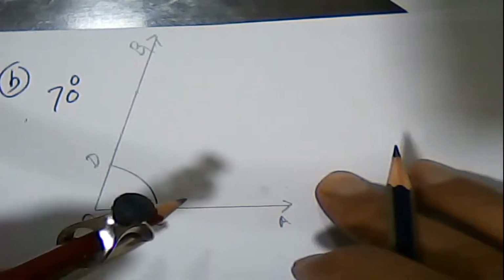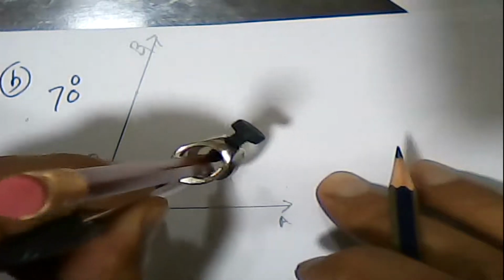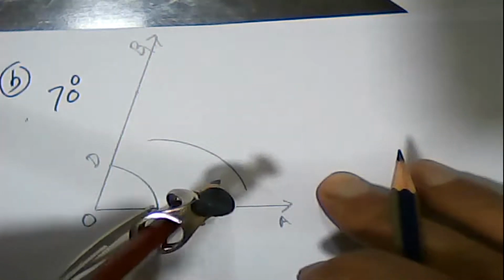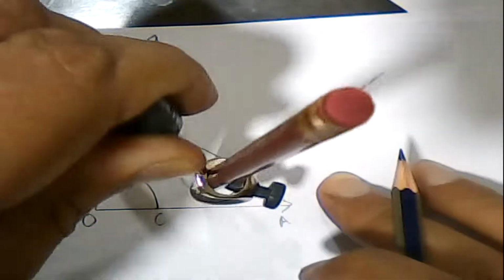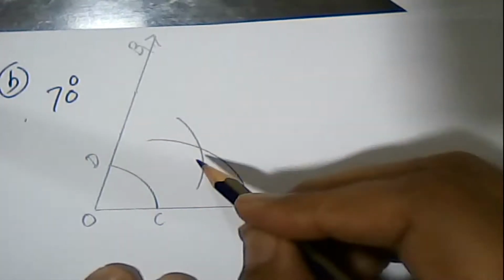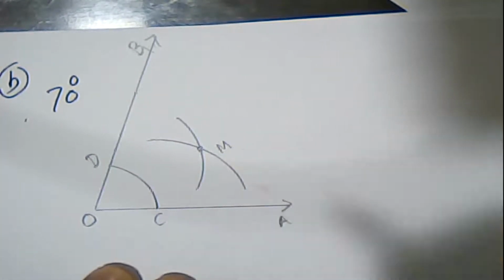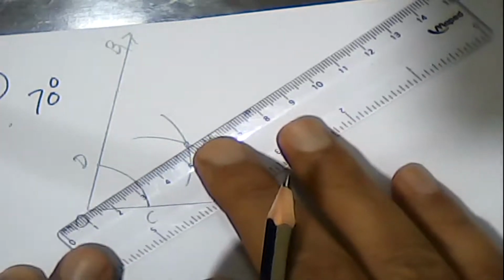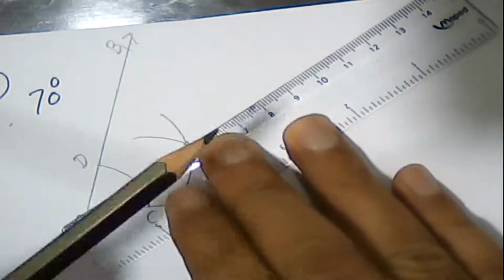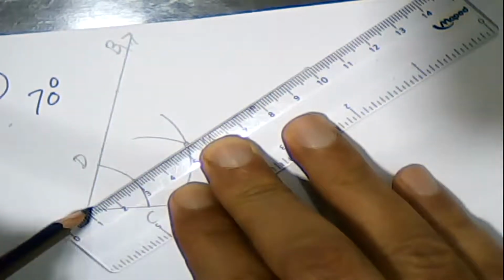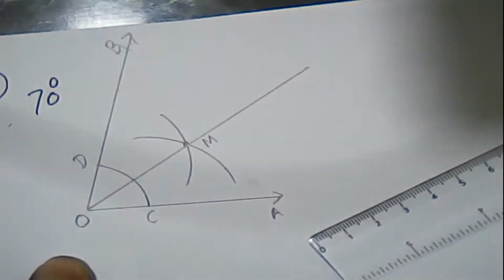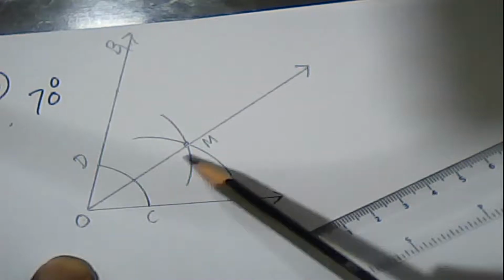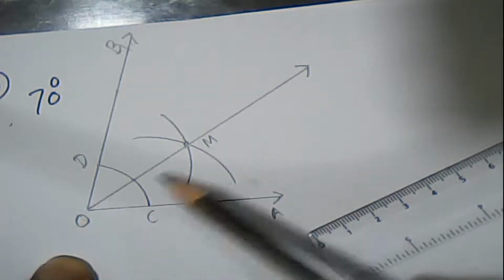Draw two arcs of the same radii. Open your compass and draw the first arc from a point C. Now again consider point D as a center and draw another arc, which cuts the first at a point M. Join the point O and M with the help of a ruler.